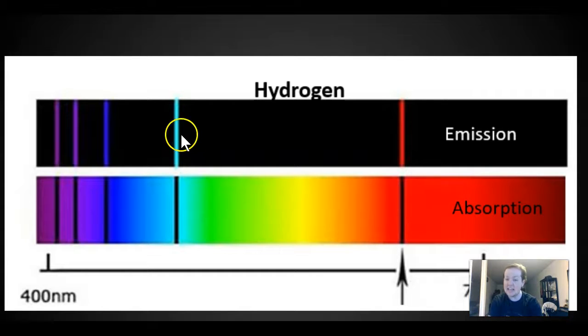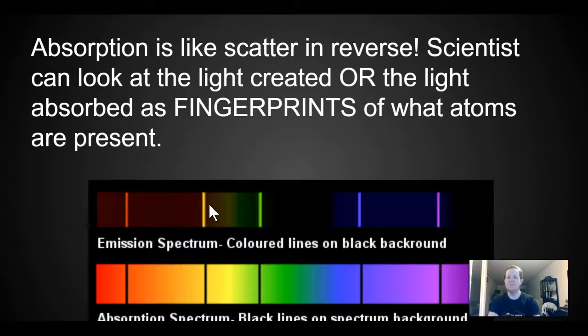But luckily, this is easy. It's the same thing. They're kind of like opposites, okay? Look, it's just like, black, color, black. But these lines match up. So scientists, if they're looking at the light being scattered, they see this. If they're looking at light being absorbed, they see this, but it's the same kind of fingerprint, okay?